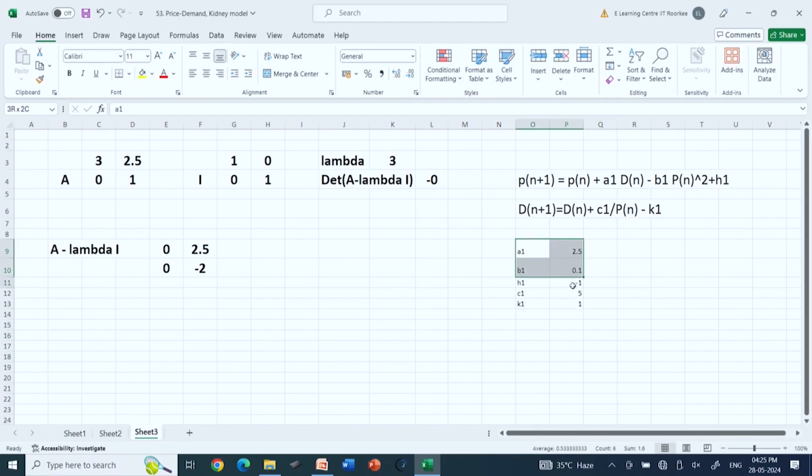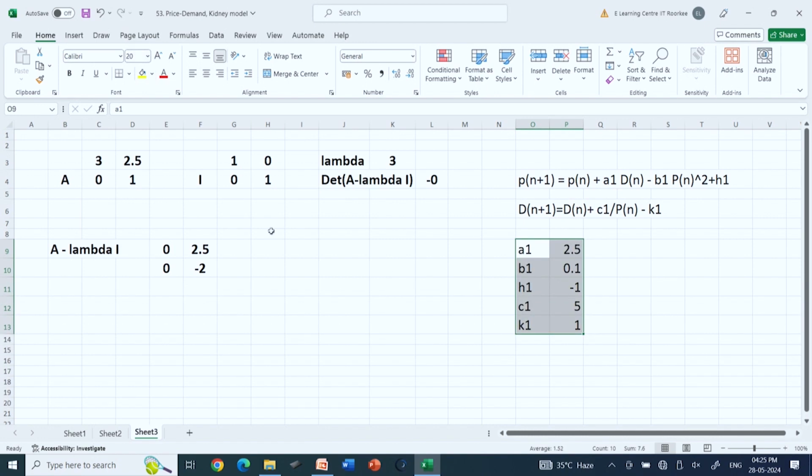Let me make them a bit bigger. Okay, so here is my P(n+1) and here is my D(n+1). Here I put n.